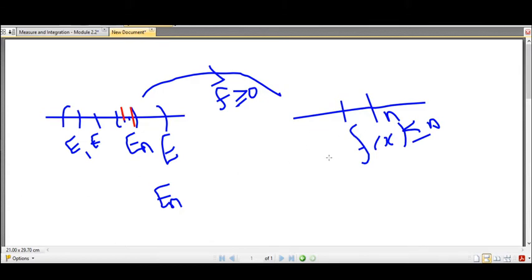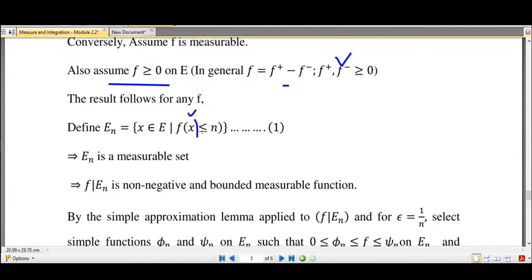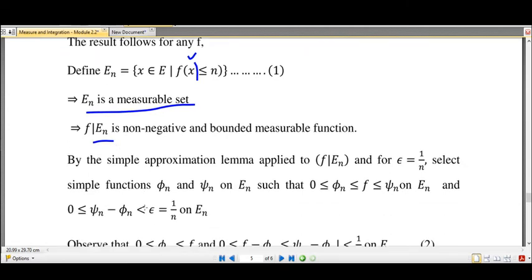And we assumed that f is a measurable function. Therefore, we get that En is a measurable set. That means f restricted to En is a non-negative bounded measurable function.